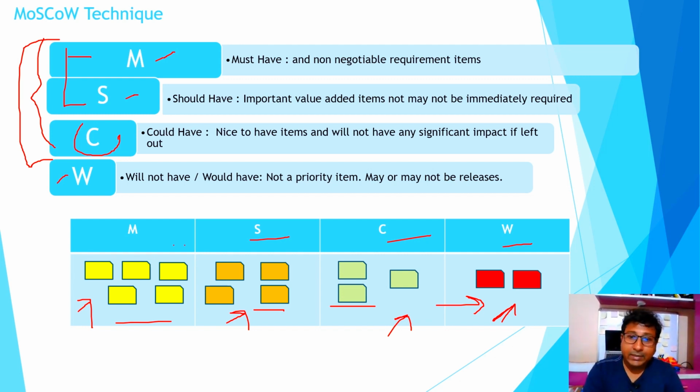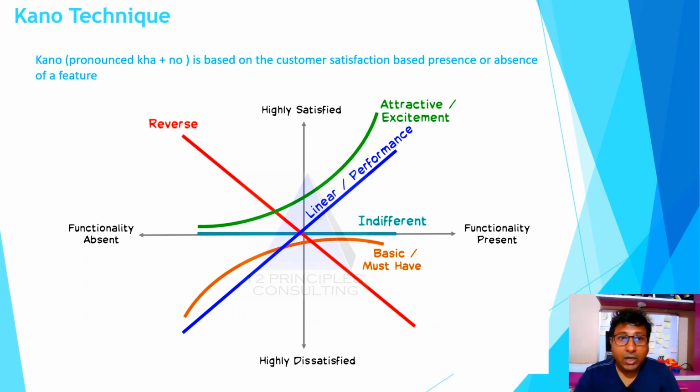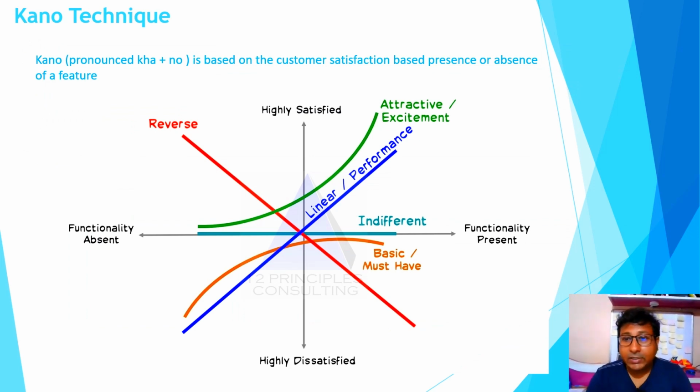Now let us see another technique. That will be a little complex one in terms of understanding, but a very useful one in terms of customer satisfaction. That is your Kano technique. So friend, let us try to understand this in details.